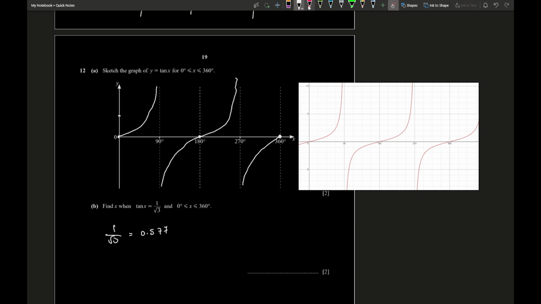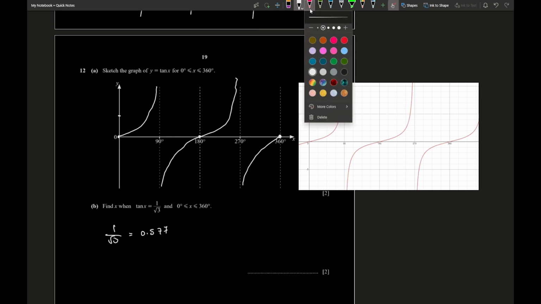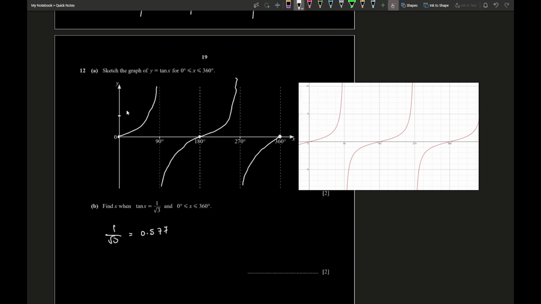Let's say 0.577 lies here on the y axis. This dot is 1 over the square root of 3. The idea is you are asking what are the points of intersection, or the values of x, for which tan of x intersects with the line y is equal to 1 over square root of 3.